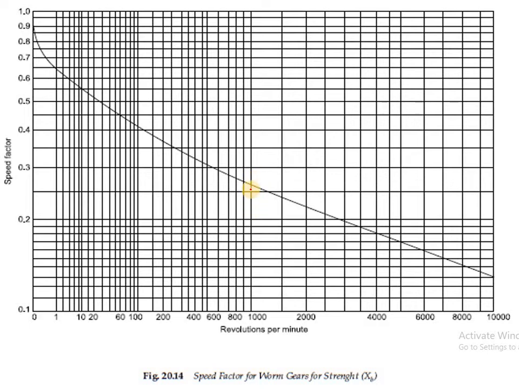The horizontal line drawn through the point of intersection of this 1000 line and the curve, intersecting at the y-axis, will give you the speed factor. Similarly, you have to go for XB2.